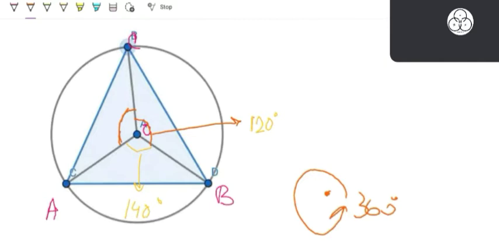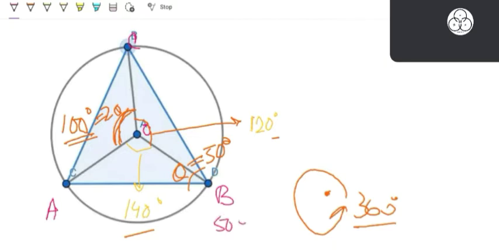So this will be 120, 140, 260. Subtracted from 360 gives 100 degrees, right? So if this is theta, this is 2 theta. 2 theta equals 100 degrees, which means theta equals 50 degrees. 50 degrees is the answer.